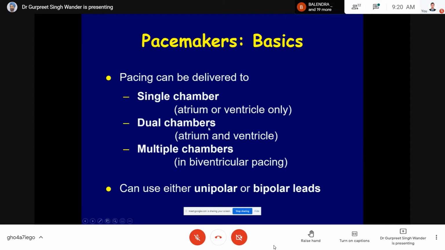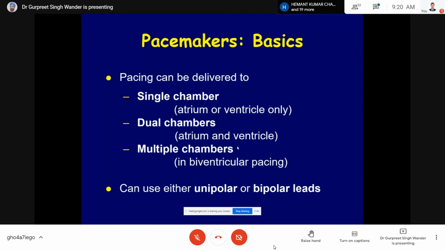Again, we later realized that when we were pacing the atria and the ventricle, we had solved a huge problem. But normally the conduction system stimulates the heart and the right and the left ventricle are both contracting simultaneously. If you are stimulating one chamber, the other chamber will actually contract later, as the pulse reaches there.